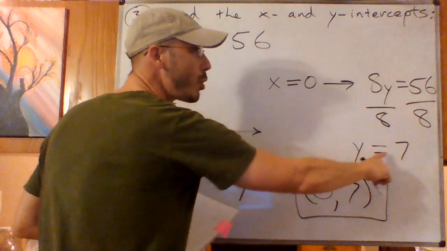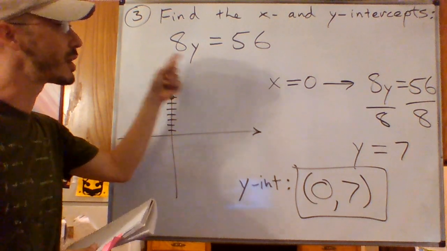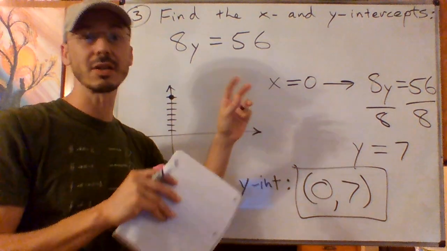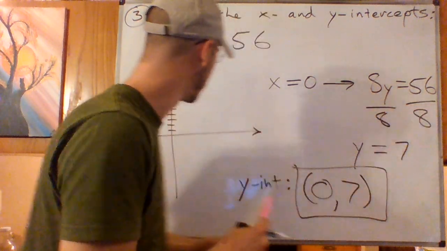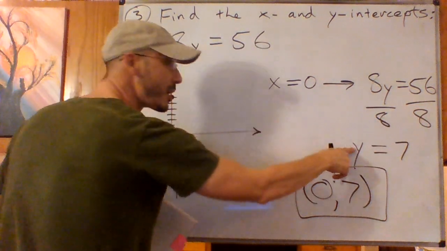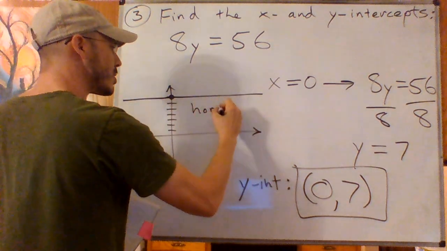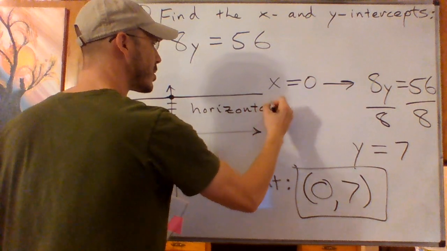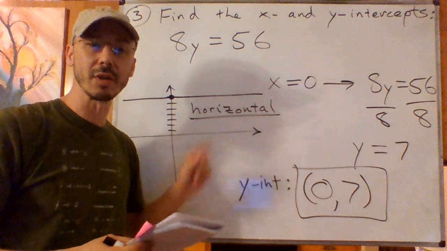And y is always equal to 7. It doesn't matter what x is. Any value of x that you plug into this equation, there's nowhere to put it. What you get is 8y equals 56. That means that the y value is always 7, and this is a horizontal line. We'll get into that more later as we're graphing lines.